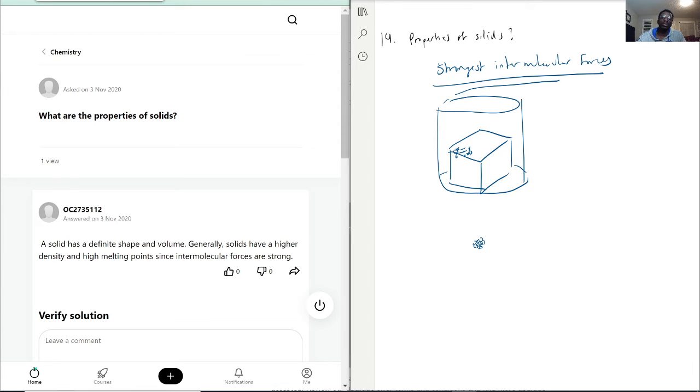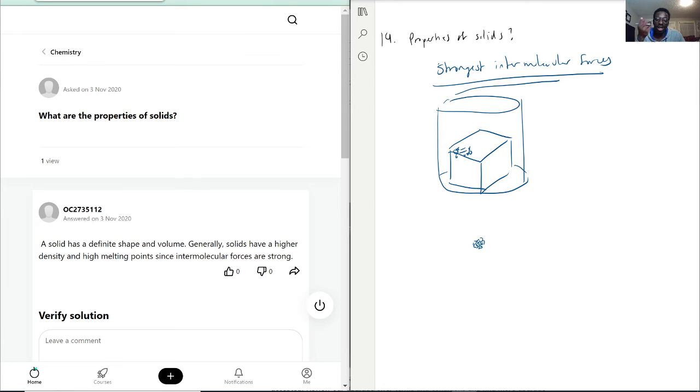The reason why I'm talking about that is that the intermolecular forces there are a bit weaker, so now there's room for it to expand, because the intermolecular forces aren't able to hold it so tightly. Solids are held really tight together, which is why it has its definite shape and volume.